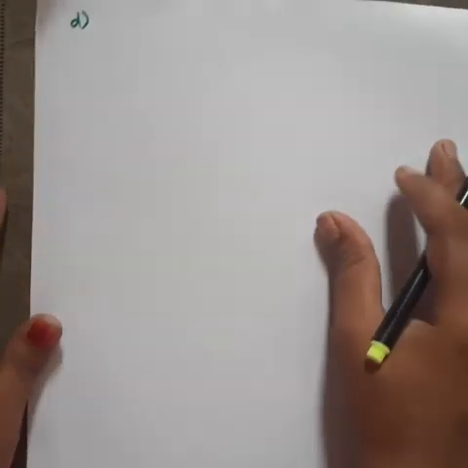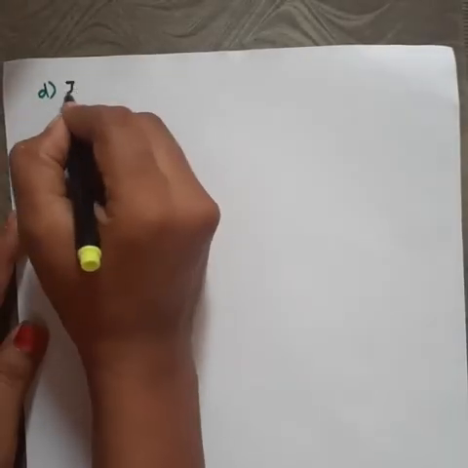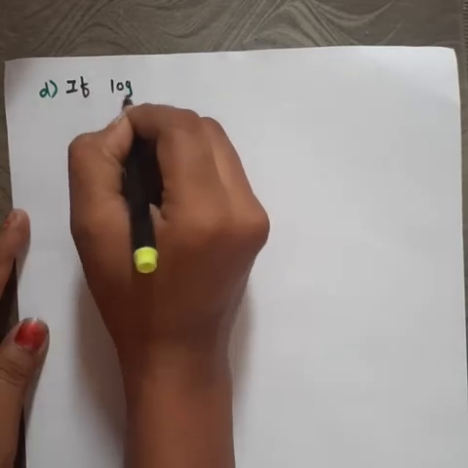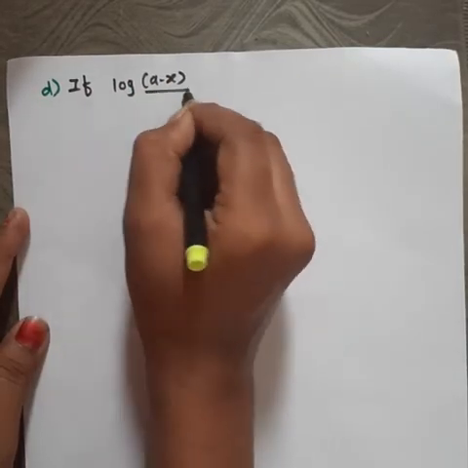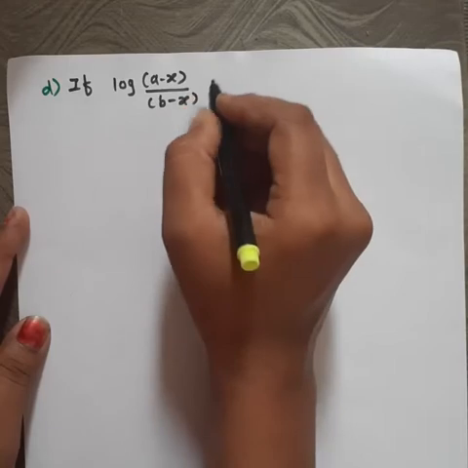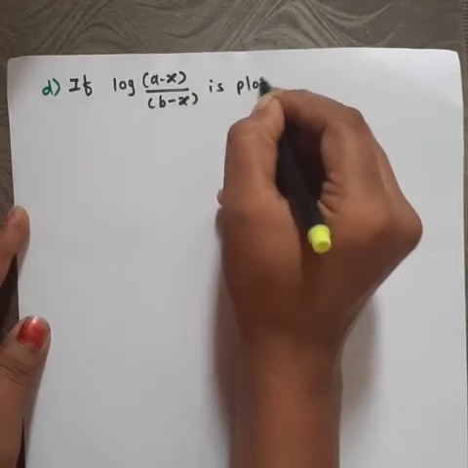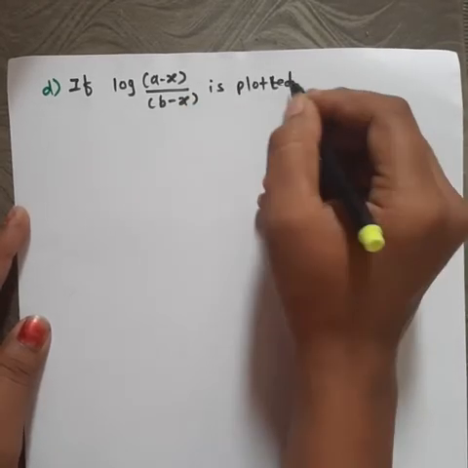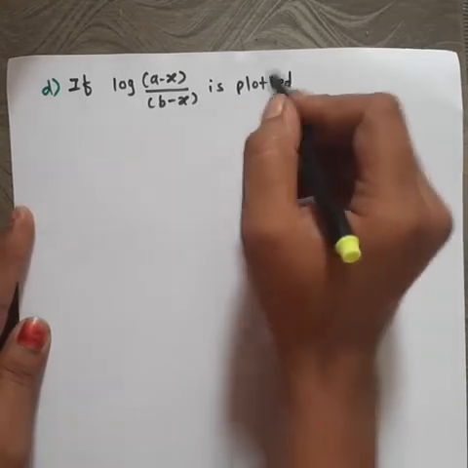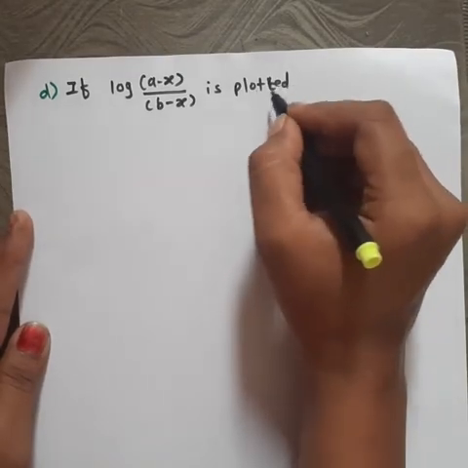Again, if log of (a minus x) upon (b minus x) is plotted against time, this was the case for unequal initial concentration for second order reaction. We have already studied this case also.